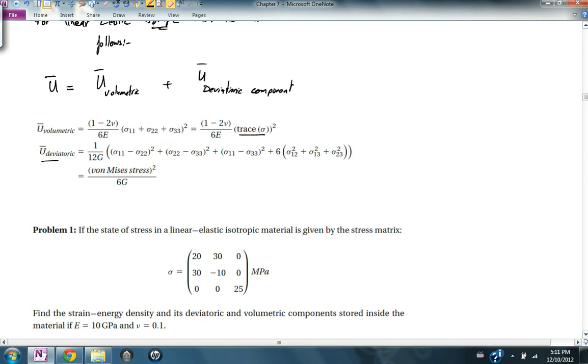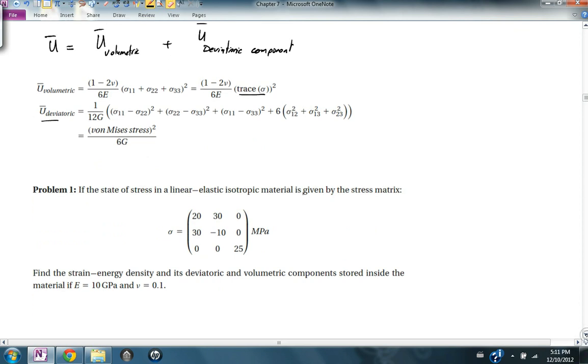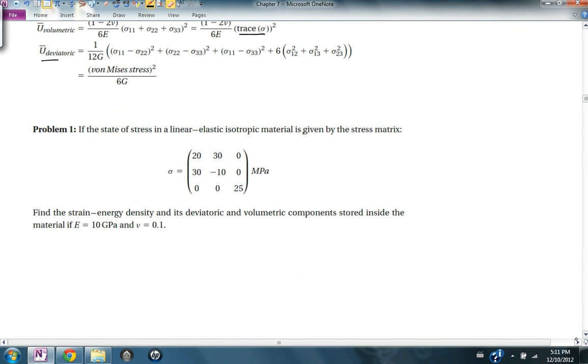So let's introduce a few examples. If the state of stress in a linear elastic isotropic material is given by the following stress matrix, find the strain energy density, deviatoric and volumetric components stored in the material. Now, it's very important to know whether we are talking about a linear elastic material or linear elastic isotropic.